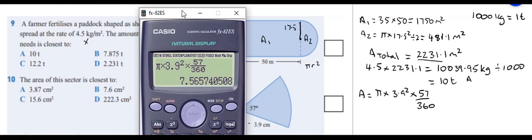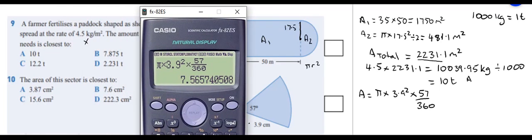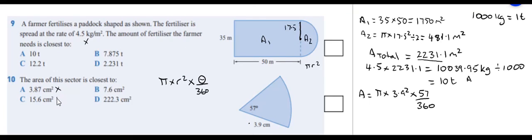So let's look at our answers to see which one it is closest to. And we've got 7.565. It's definitely not that one. It's definitely not that one. It wasn't that one. It was 7.6. So the answer is 7.6 centimetres squared.